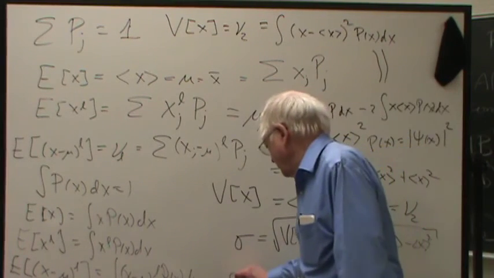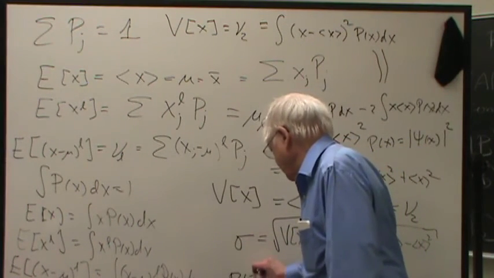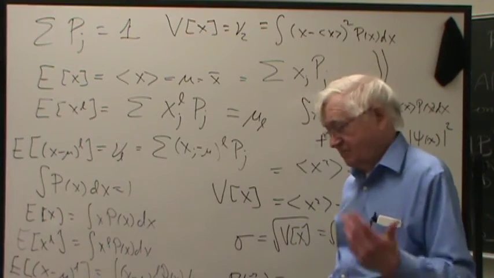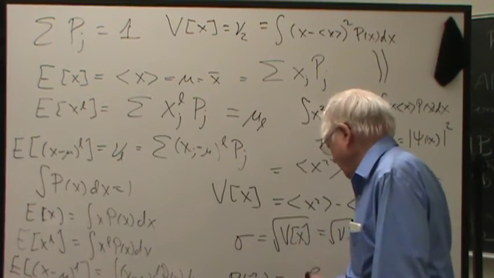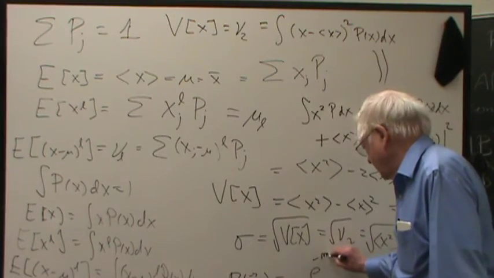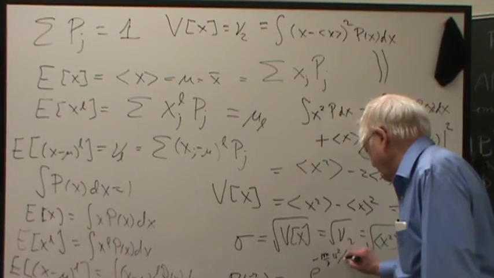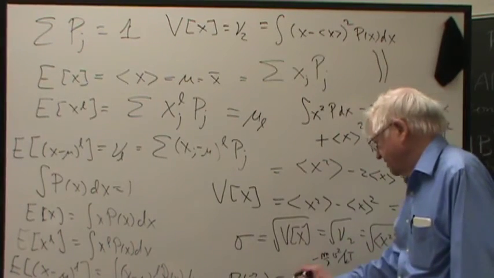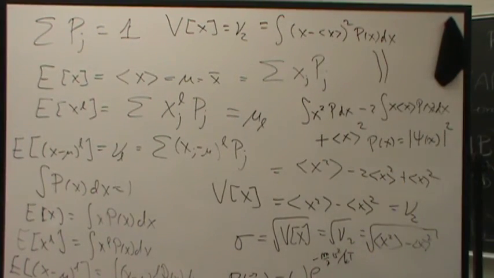For example, P of a certain velocity, for particles of mass m, apart from a constant, is e to the minus m v squared over 2kT, and then some factor here. This is, of course, energy divided by kT, k being Boltzmann's constant. And so we talk about distributions in physics like that.